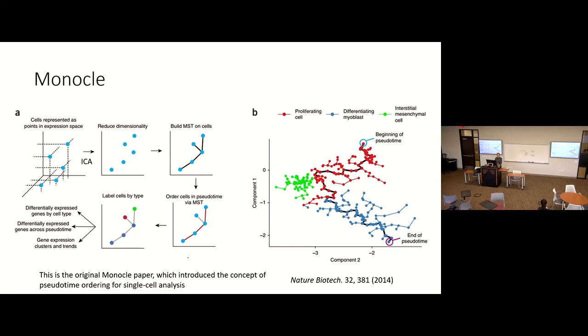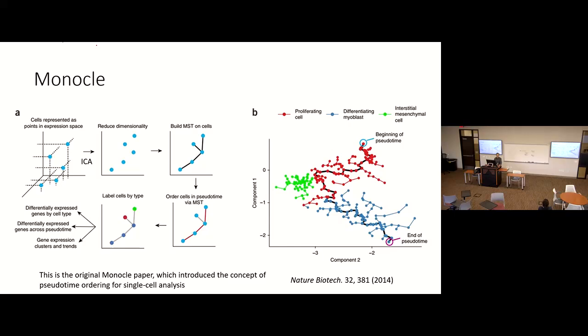Okay, on this slide we mention in a little bit of detail this package called Monocle, because Monocle is one of the most popular options in single-cell pseudotime trajectory analysis. However, Monocle is not a very stable package.